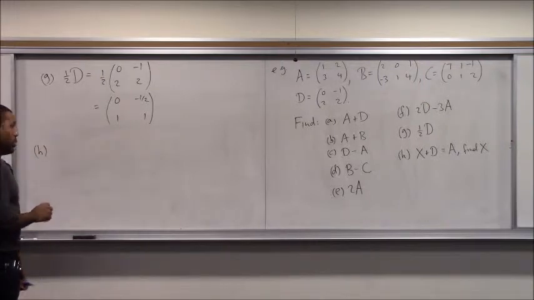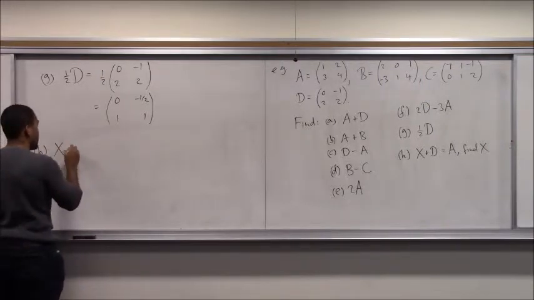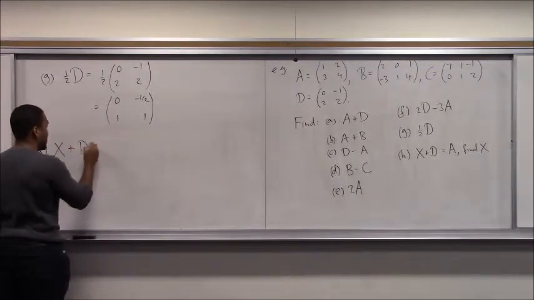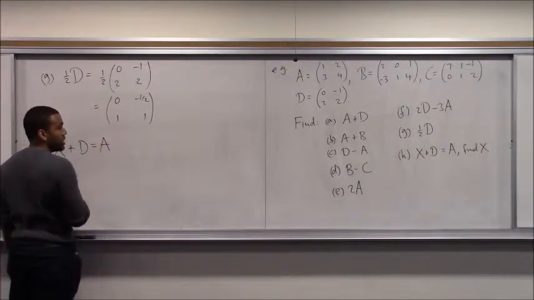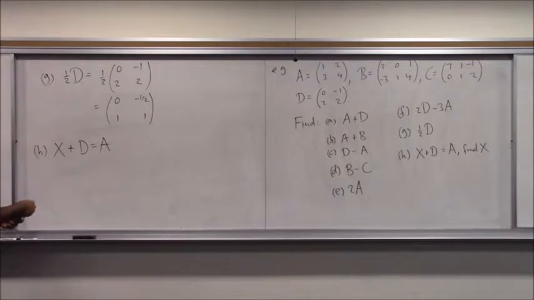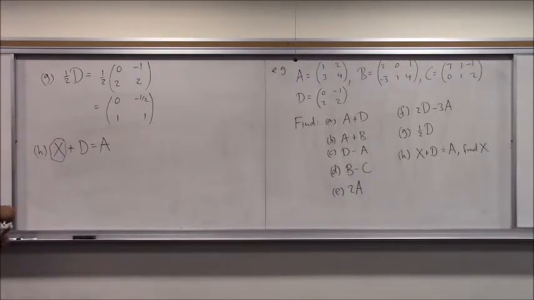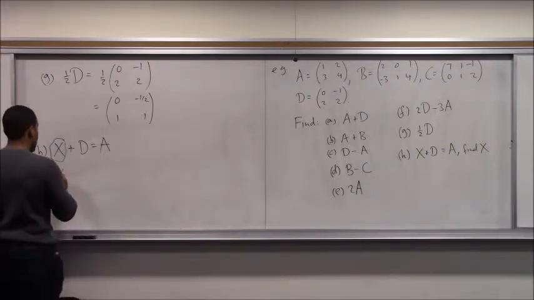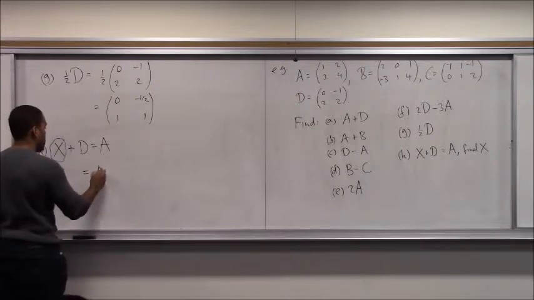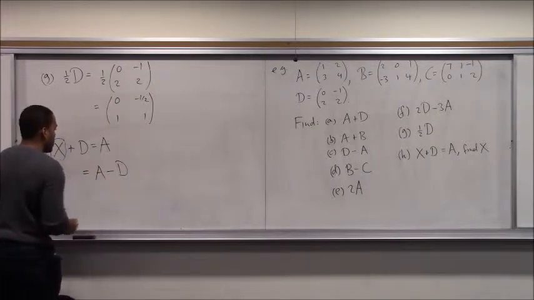Okay, this is right. Where do you think you guys can do algebra with these things? How would you solve this? If someone wants to find x, you subtract D from both sides. Since A equals that, you would subtract D from both sides.